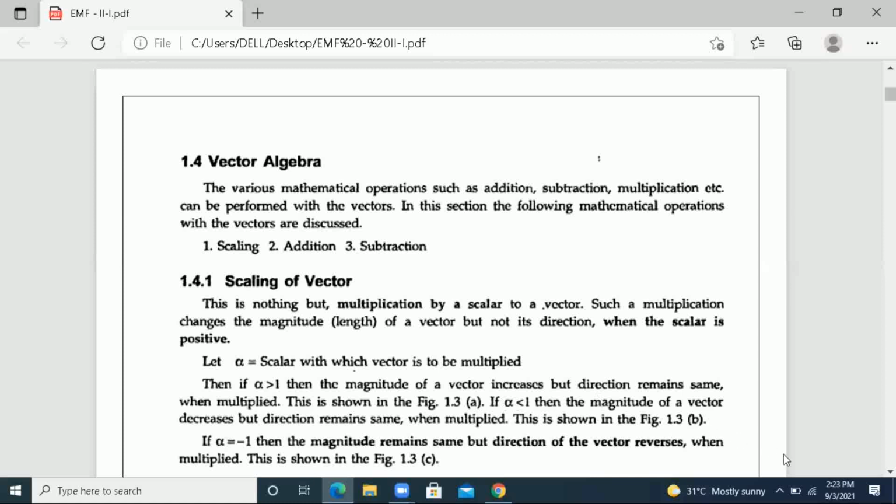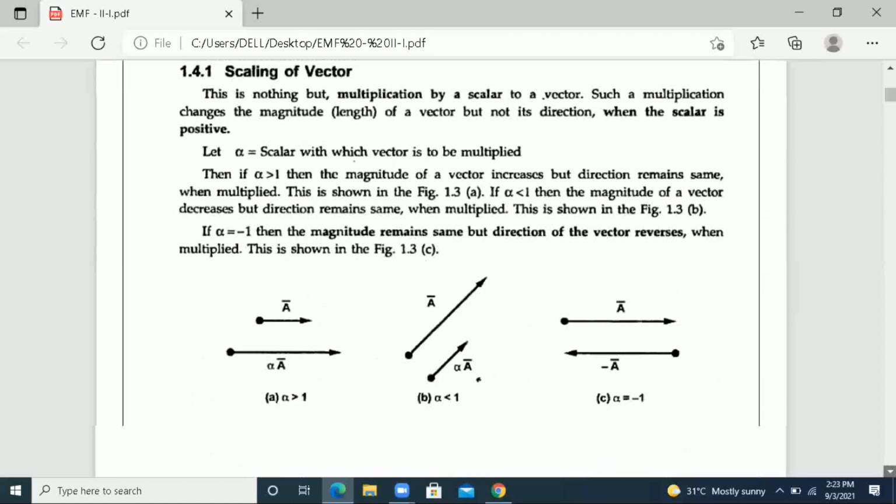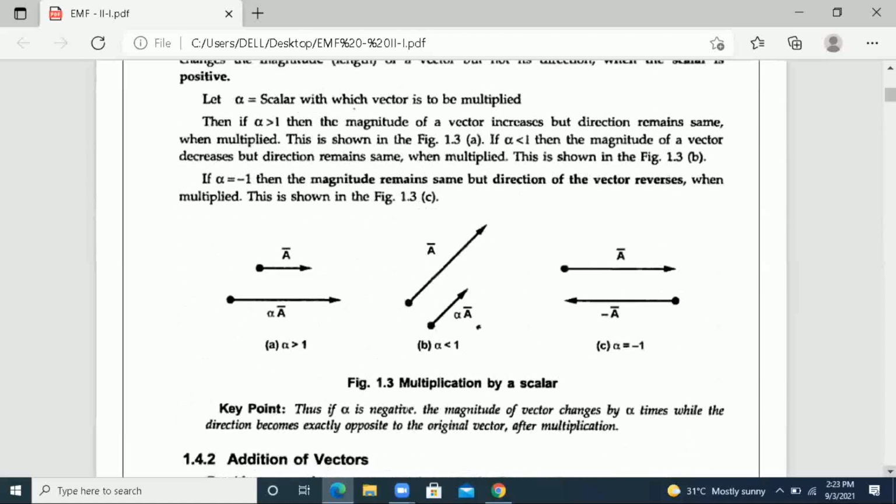This is shown in 1-3. So here we have a vector A. If alpha is greater than 1, alpha A is alpha multiplied by the vector. So we can scale the magnitude, but not the direction.